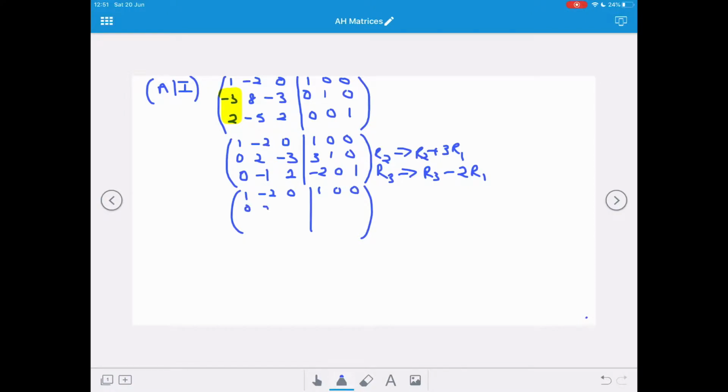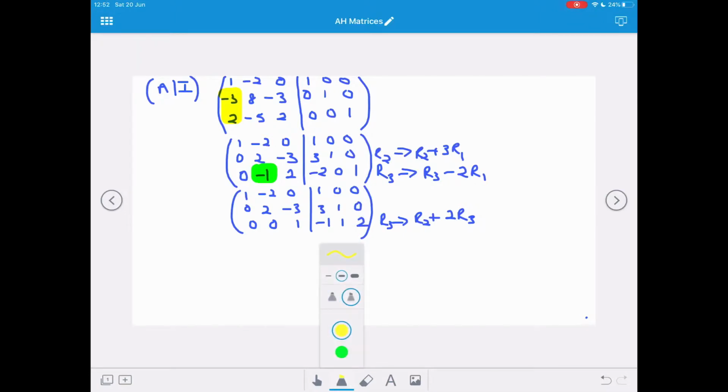And we're going to rewrite row 2 as 0, 2, negative 3, and 3, 1, 0. And what we want to do now is eliminate the negative 1 in A32. We're going to do that by taking row 3 and doing R2 plus 2R3. And that means row 3 is going to become 0, 0, 1 and negative 1, 1, 2.